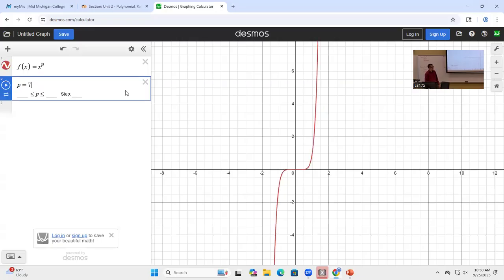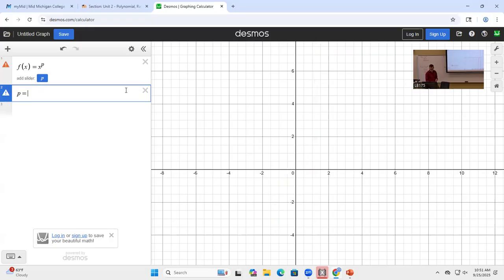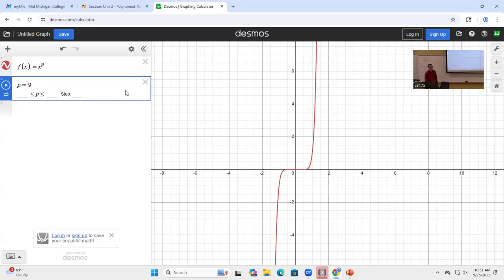With 7, I get that shape. Again, notice that as you start increasing your p's, it's shooting off faster as you get further away from 0. As you get closer to 0, it's a little bit flatter. So odd whole numbers are giving us that type of a shape.